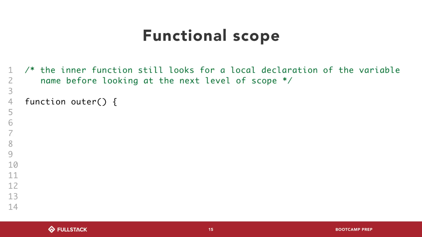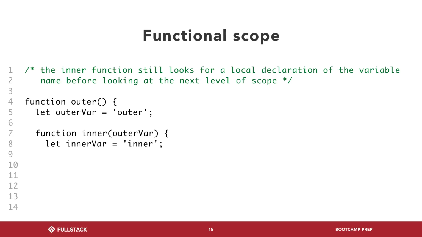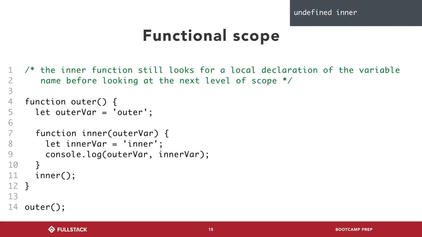The inner function will still look for a local declaration of the variable name before looking elsewhere. Oh, I see. Yeah, this kind of brings back Tyler's question earlier: here we call inner, but we don't feed anything in.